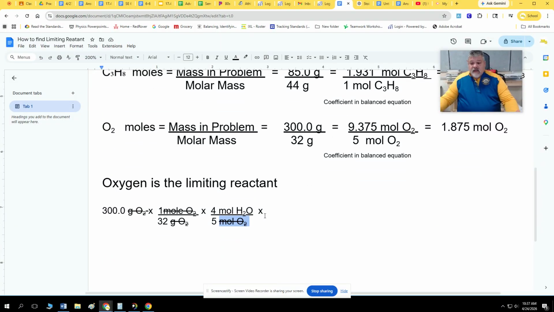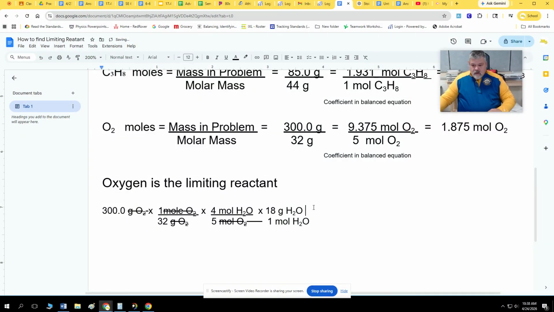So now how do we do that? We go to the last stage of the stoichiometry map where we have to put moles on bottom. So we're going to come over here and we're going to put moles on bottom, so it's going to be 1 mole of H2O. Okay, and on top we're going to put the molar mass of water. Well, the molar mass of water is 2 hydrogens, 1 each for 2, oxygen 16, so we're going to do 18 grams of H2O.